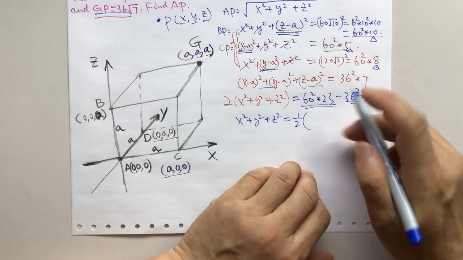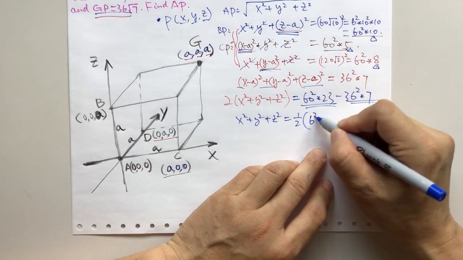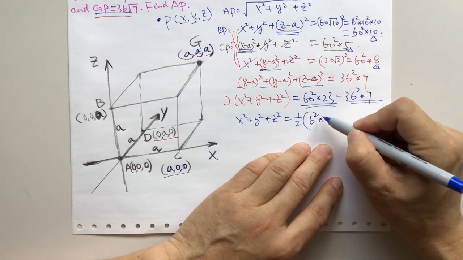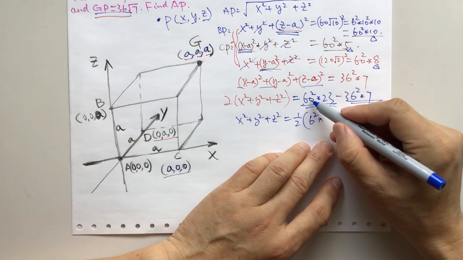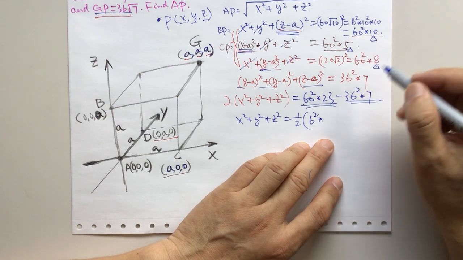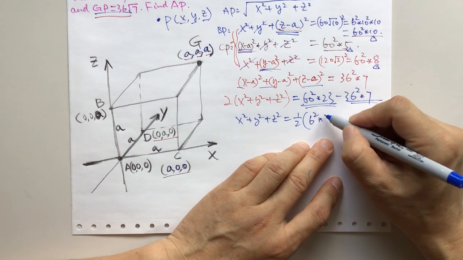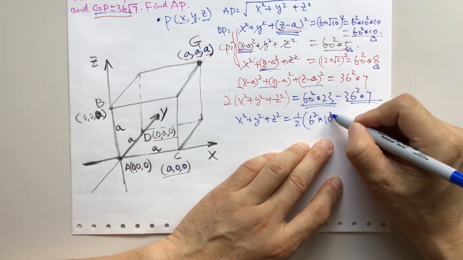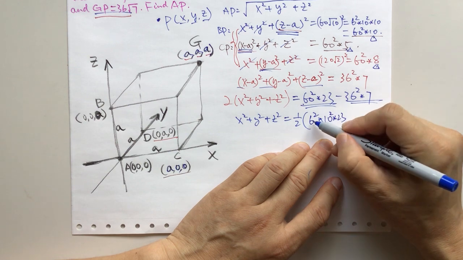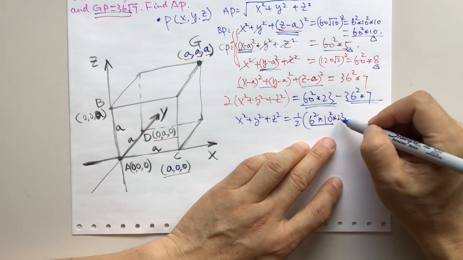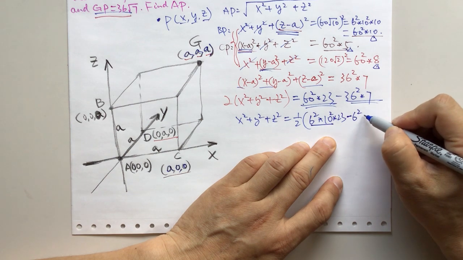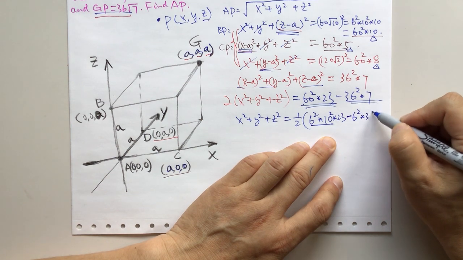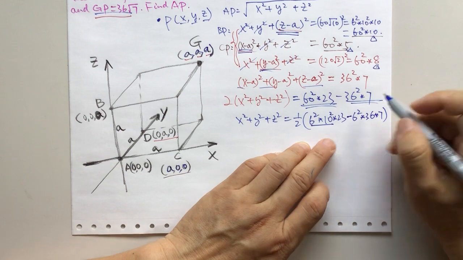We can write 6 squared times 10 squared times 23 as 60 squared times 23, and 6 squared times 36 times 7.